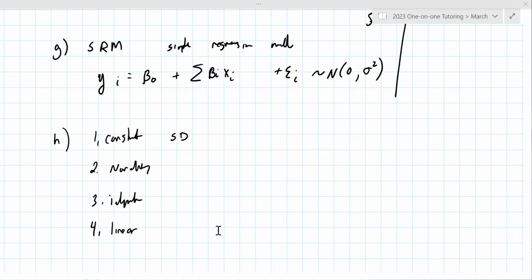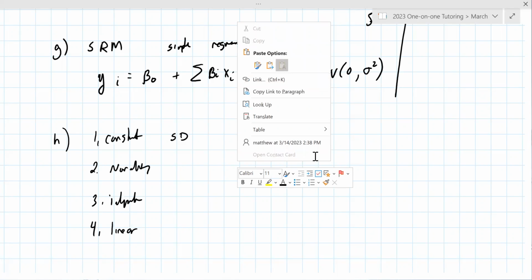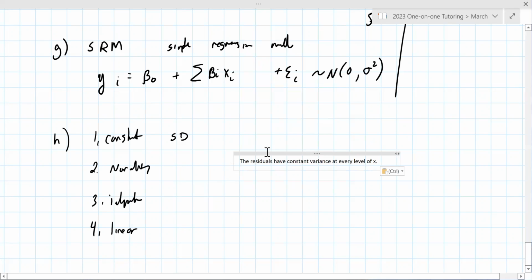So with constant standard deviation, I'm used to hearing check conditions: randomness, normality, and independence, but there's no randomness assumption here. I feel like standard deviation doesn't take the place of randomness.